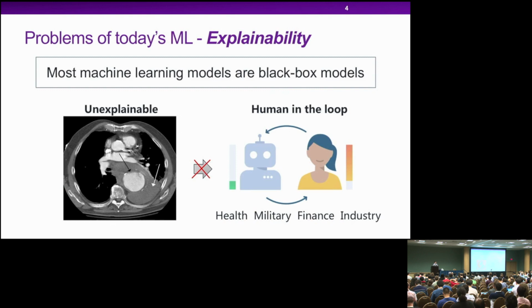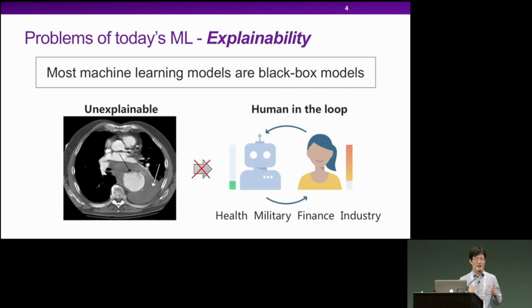One is that explainability is a big problem of today's machine learning, because most of our machine learning models are actually black box models, right? We only care about the architecture and the input and the output, but we can never explain the learning process, or we cannot even explain the output of a model.